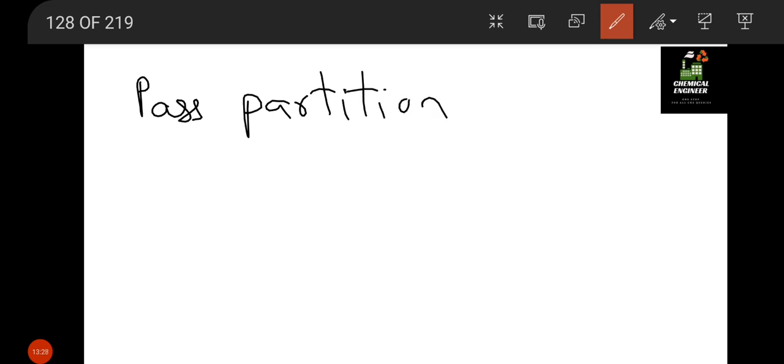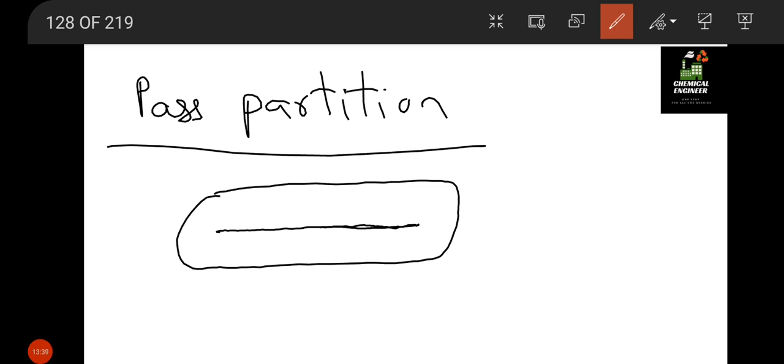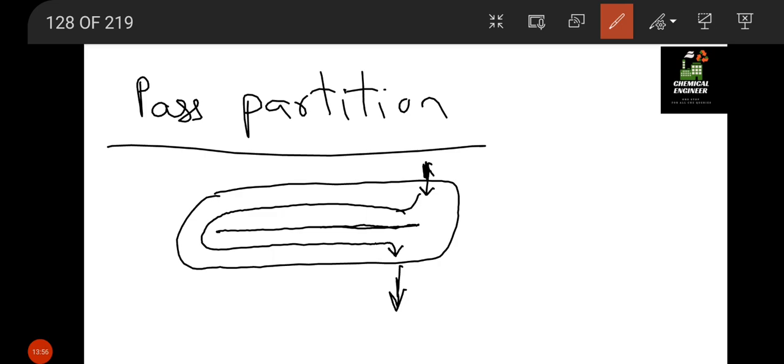Now let us see the pass partition plate. Pass partition plates are generally present in a shell. Suppose this is a shell, then we have a plate in the middle. Let us suppose this is the inlet and here we have the outlet. This way the fluid transfers from here to here. This will be called two pass.